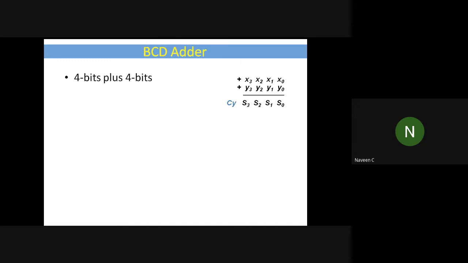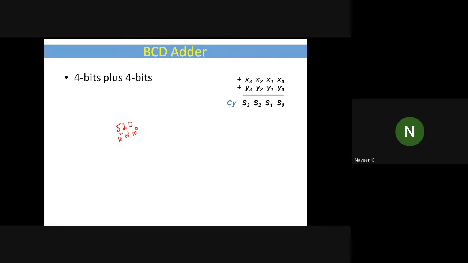For example, suppose we have the number 520. This 0 will be 10 to the power of 0, 2 will be 10 to the power of 1, and 5 will be 10 to the power of 2.